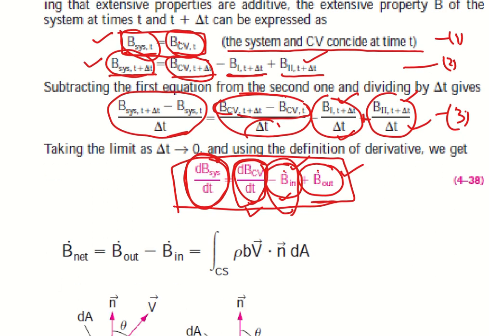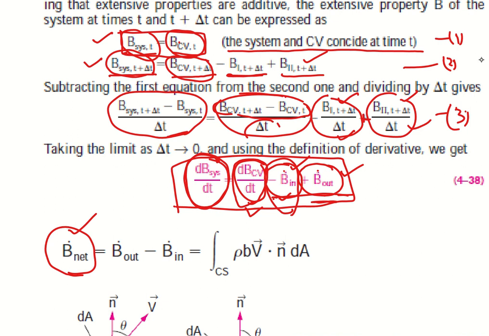Now if we look at these two terms, minus b in plus b out, what does this represent? This represents the change in property through the control surface. So that is known as b net, what is happening at the surface.